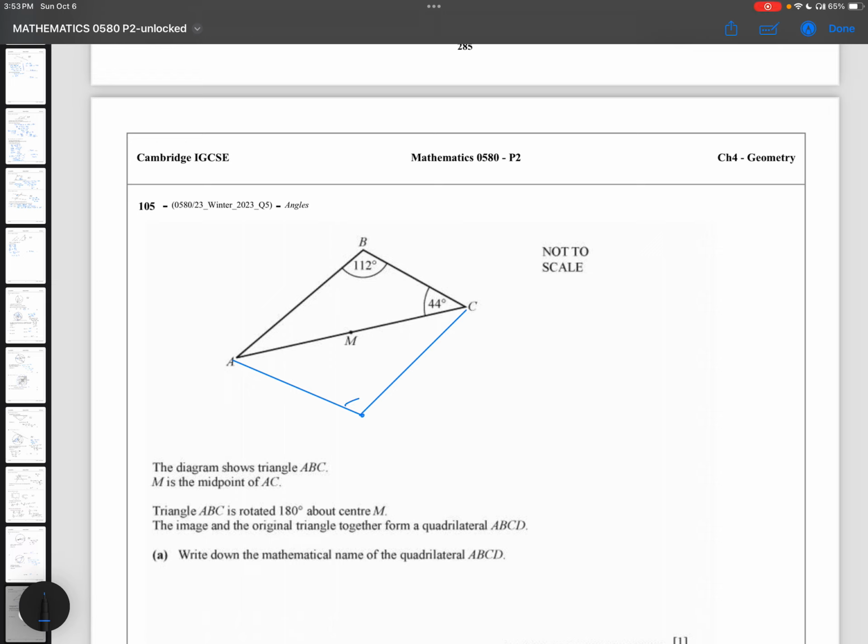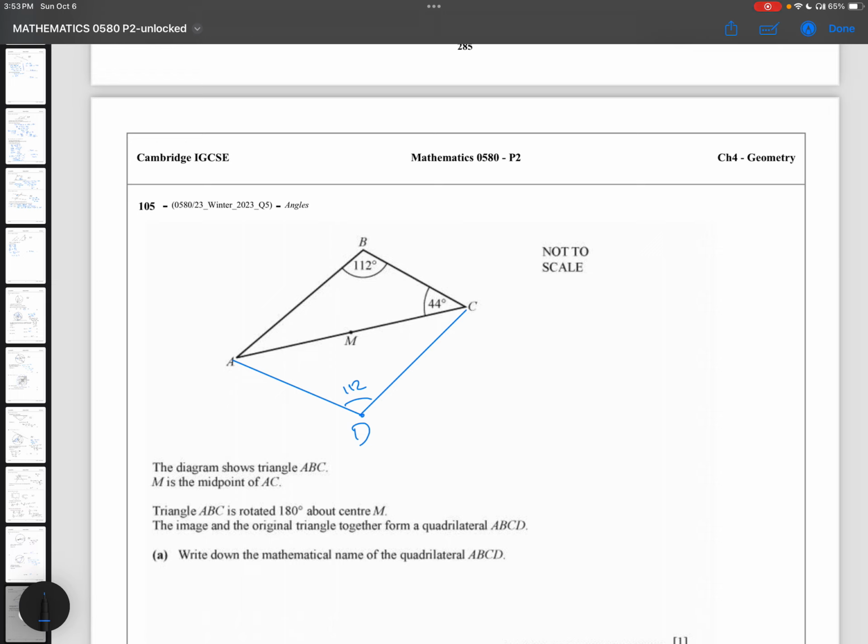This angle will also be equal to 112. This will be vertex D. It says write down the mathematical name of the quadrilateral ABCD.